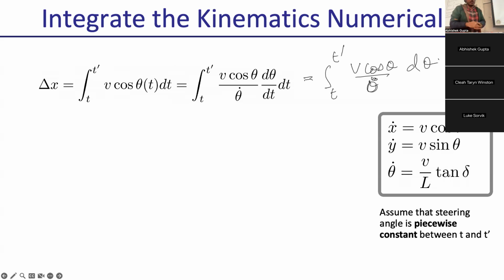That makes theta dot constant. We're not saying theta is constant; we're saying the rate of change of theta is constant. That allows us to take theta dot and v outside of the integral, so it's v over theta dot times the integral of cosine theta d theta.